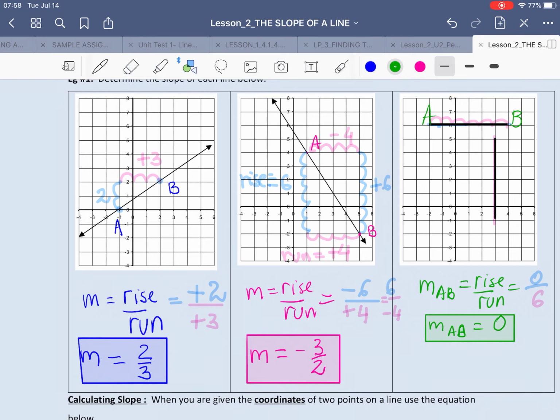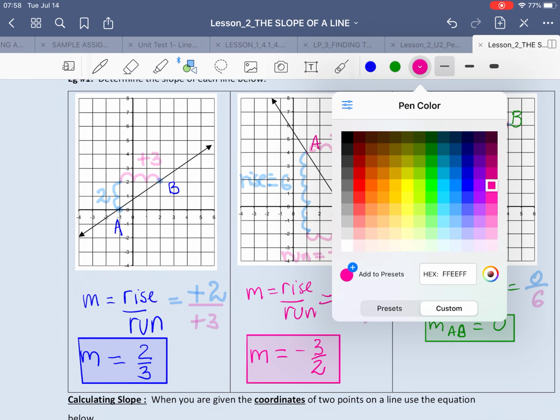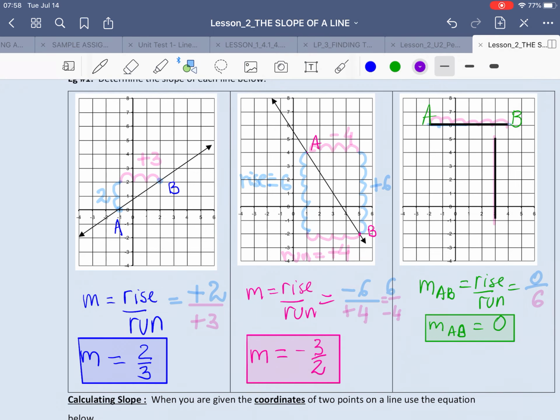The last line is the vertical line here. And I'm going to call the 2 endpoints of this line C and D. And now I'm thinking for the slope of CD, I have to rise from one point and then run to get to the other point.